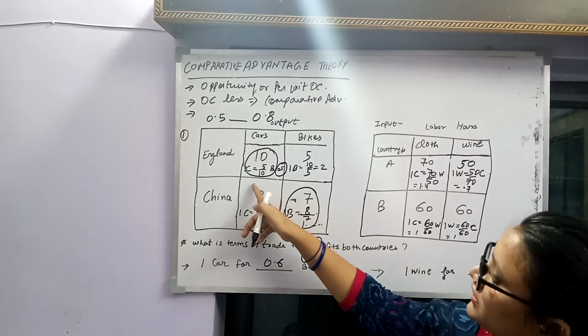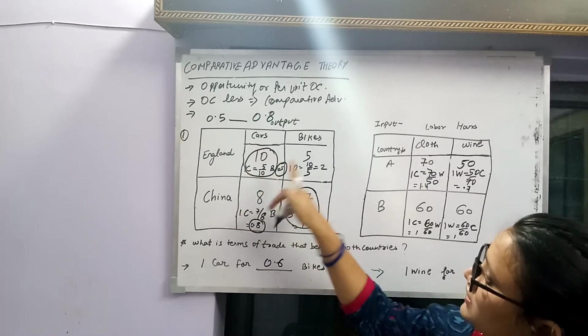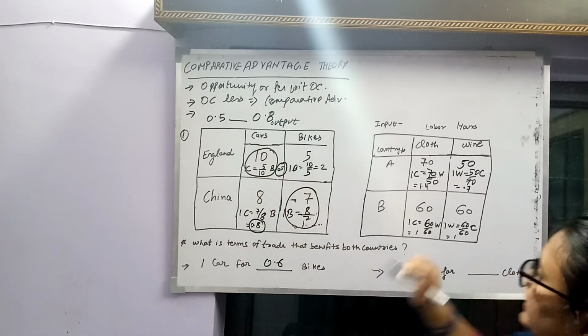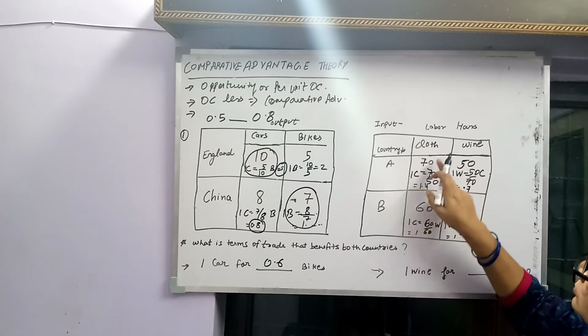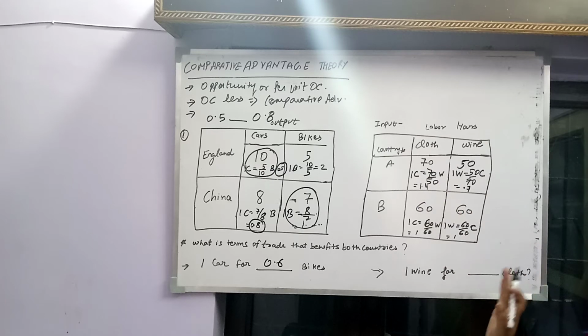Earlier we took the opportunity cost of one car as 5 by 10, but here we are dividing 70 by 50. So this is the reciprocal of what we did in the previous question.